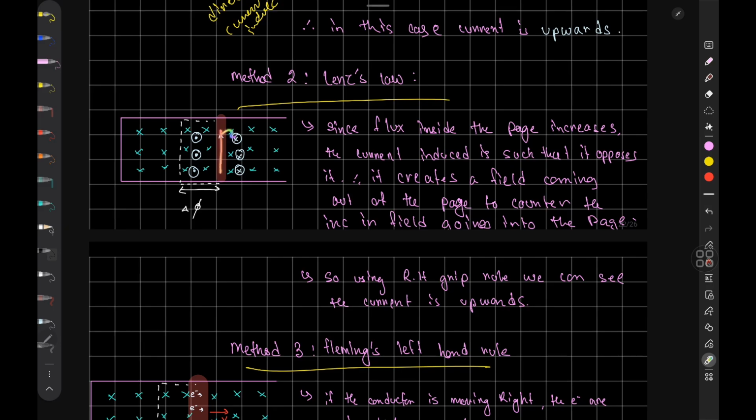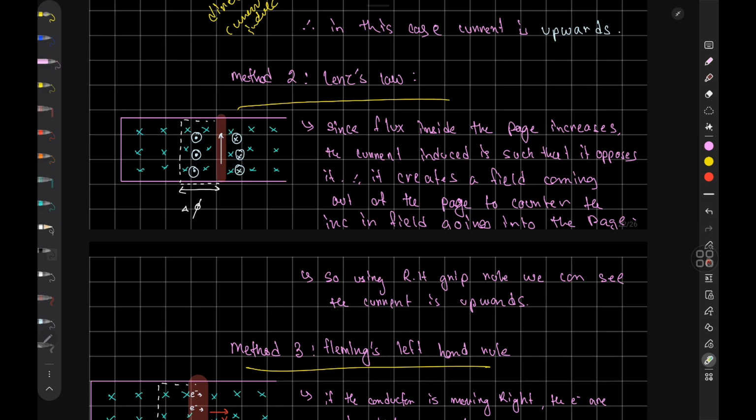So the current will be induced in this conductor such that it opposes that change. That is, the current will be induced in this conductor such that it produces a magnetic field around itself, such that the magnetic field on this side of the conductor will be outward, or out of the page.